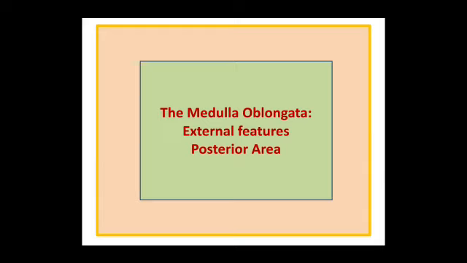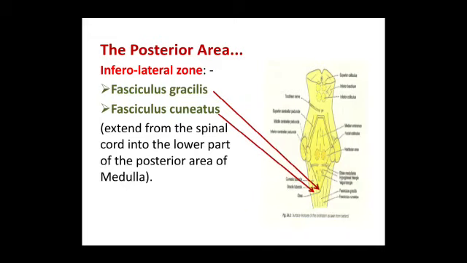Now coming to the external features seen on the posterior area. Here we are seeing two elevations in the lower part, that is fasciculus gracilis and fasciculus cuneatus.